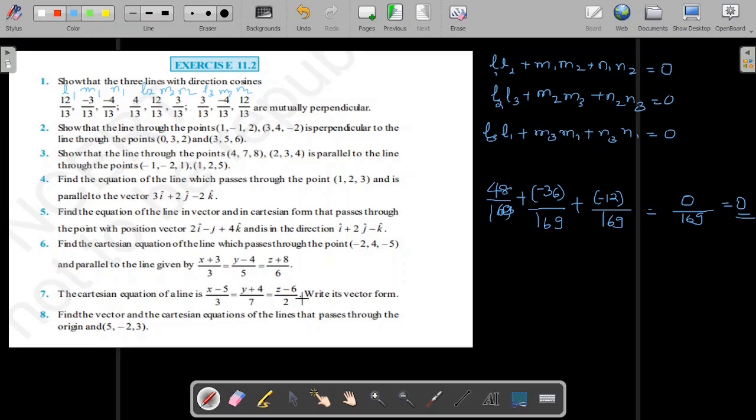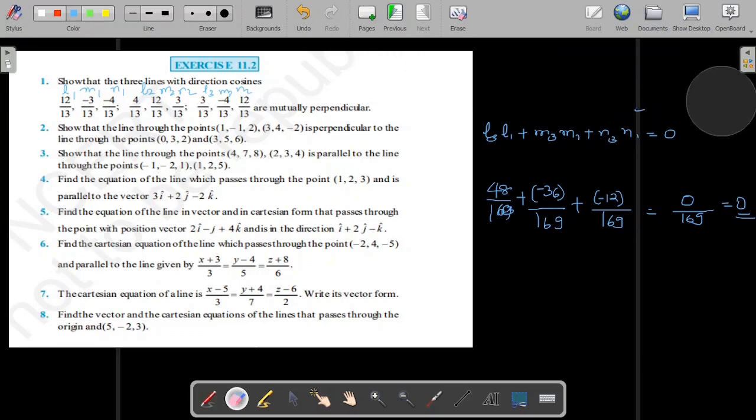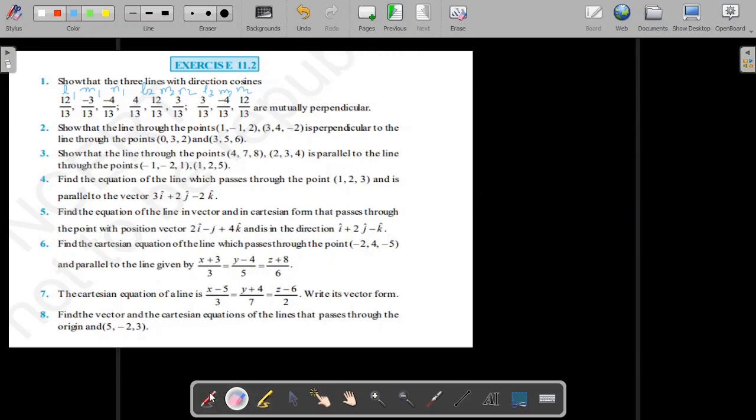Now, the second question is, show that the line through the points 1, minus 1, 2 and 3, 4, minus 2 is perpendicular to the line through the points. We have to prove that the line through these two points and another line through these two points are perpendicular. First you get the direction ratios of the first line and the direction ratios of the second line.